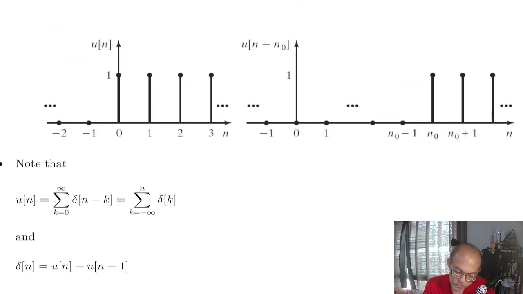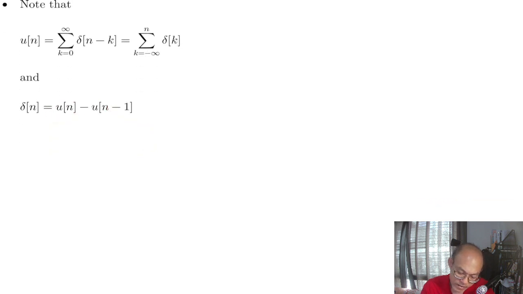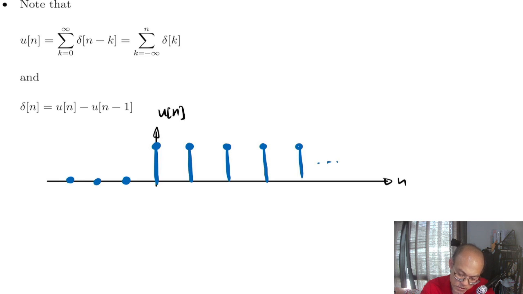Also, see u[n] and u[n minus 1], and now let's subtract them. Suppose we plot, I'm now plotting u[n]. This is u[n]. And u[n minus 1].